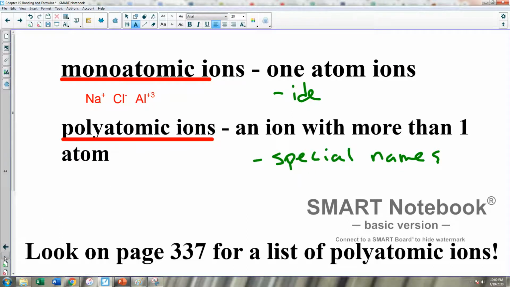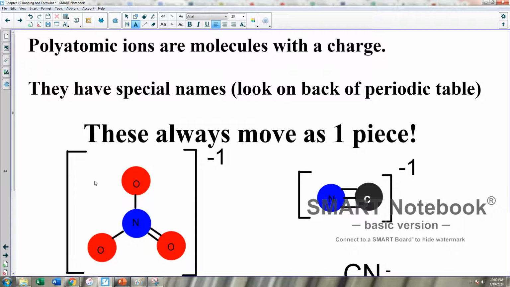So what does that look like? Well, I'll give you two common examples here. One that you hear about all the time is a nitrate ion. A nitrate ion is actually four different atoms grouped together. It's a nitrogen atom and three oxygen atoms that are bonded together, but this entire molecule has a minus 1 charge. So the oxygen and the nitrogen don't bond separately.